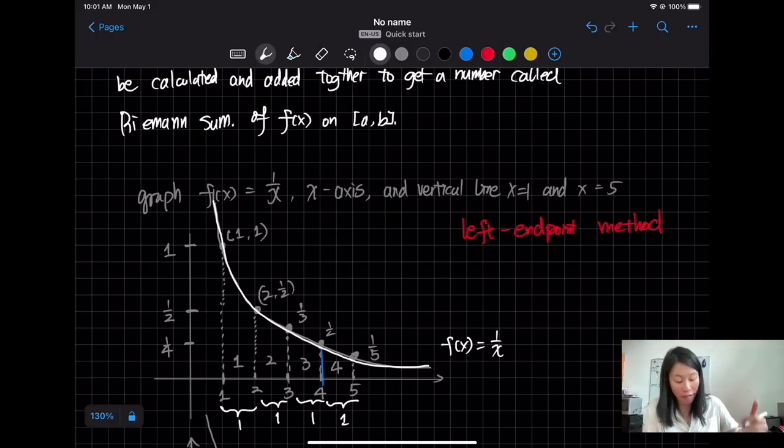By the left endpoint method, we use the left endpoint as the height. So for the first one, the area of this block is going to be this one.